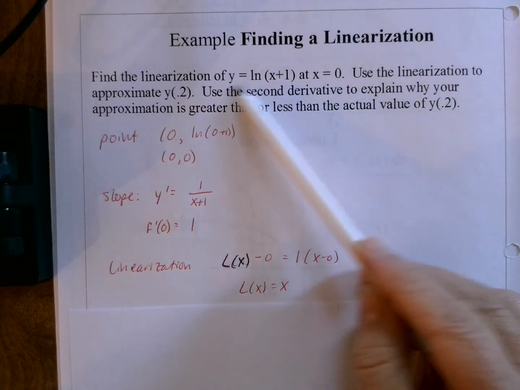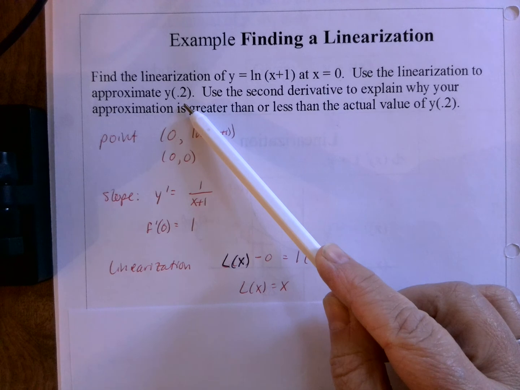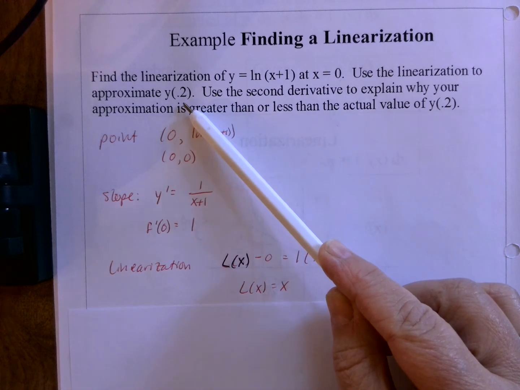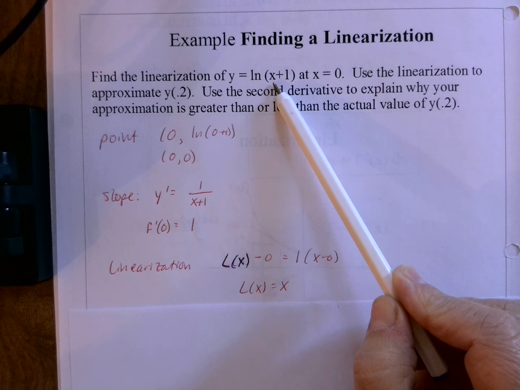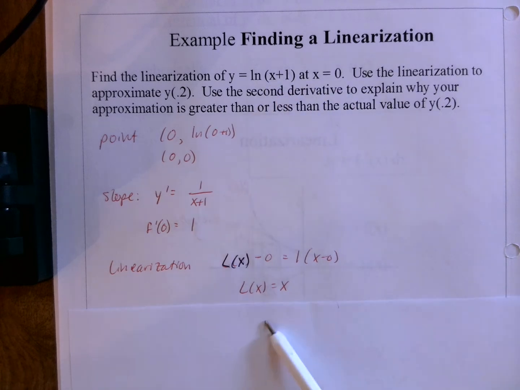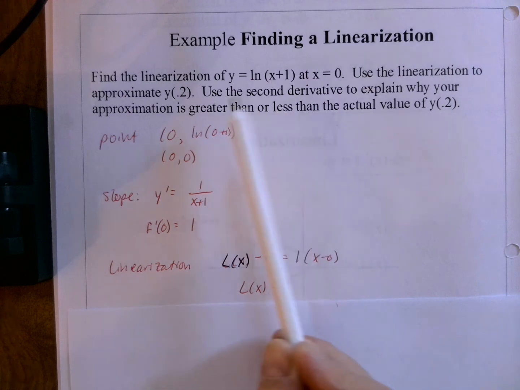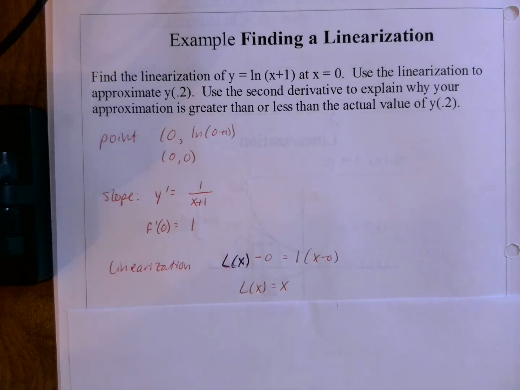So if we want to find the approximation at x equals 0.2, I don't know what natural log of 1.2 is. However, in calculus, it's telling us it's really close to just whatever x is. So if x was 0.2, the approximation is 0.2.